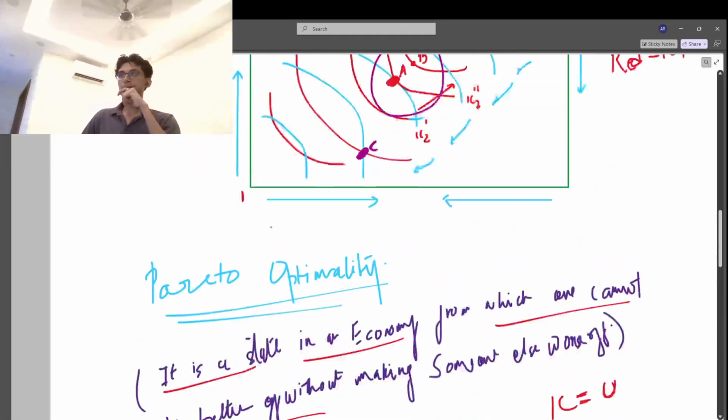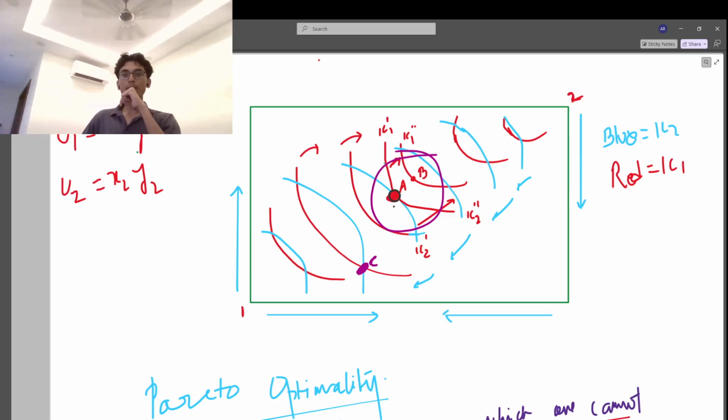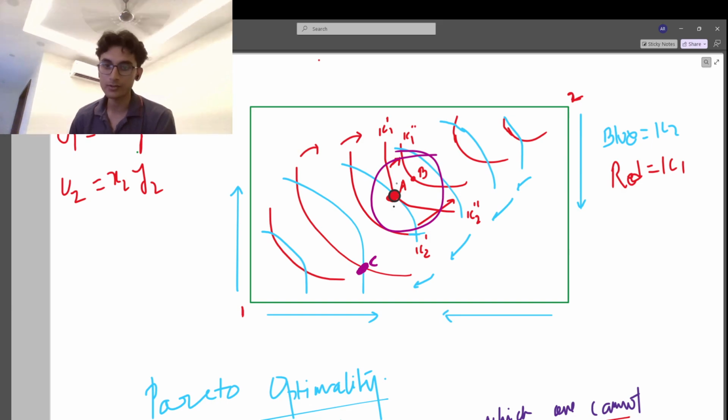So how did we establish the idea of Pareto optimality? We saw that a point is Pareto optimal if you cannot make an individual better off without making at least one other individual worse off.